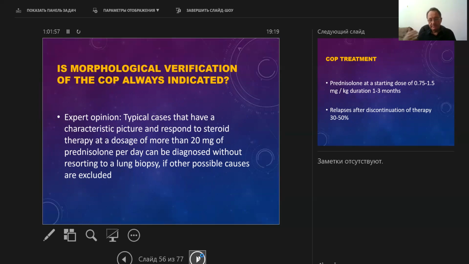That's why the response to corticosteroid therapy is also a very important factor for confirming COP. But I told you about this clinical case with a new diagnosis of COP, where in three months we changed the diagnosis to lung carcinoma.